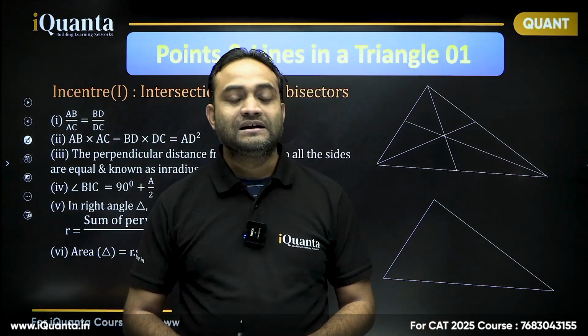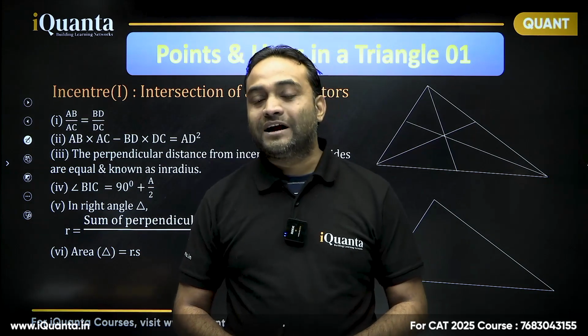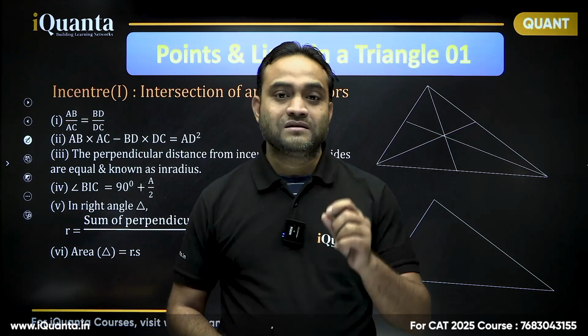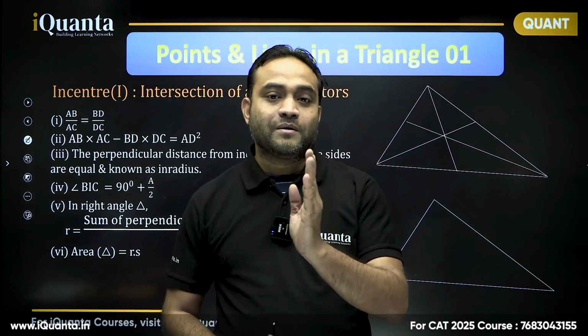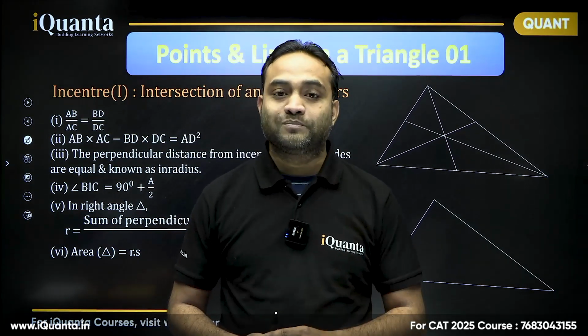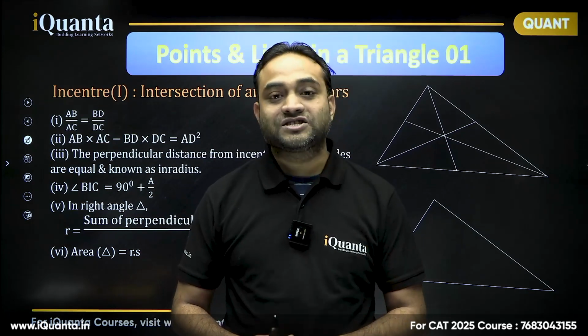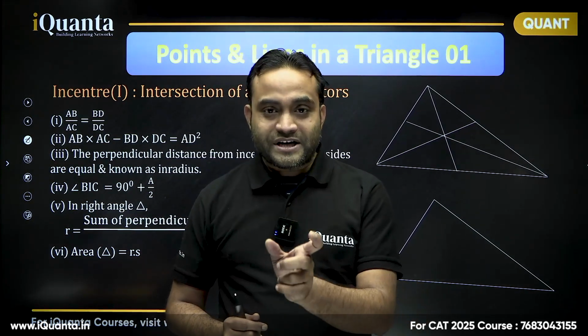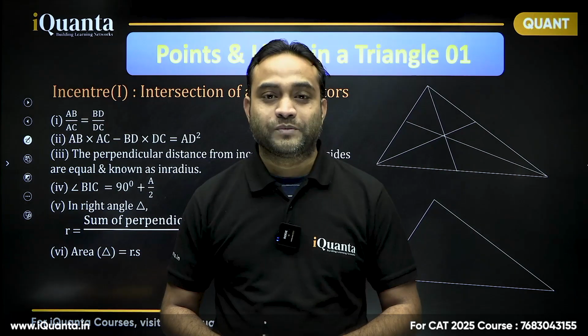So basically there are four different kind of lines in a triangle. One of them is angle bisector, when a line segment is dividing a particular angle into two equal parts. Then next is median, where a line segment is dividing a particular side length into two equal parts.